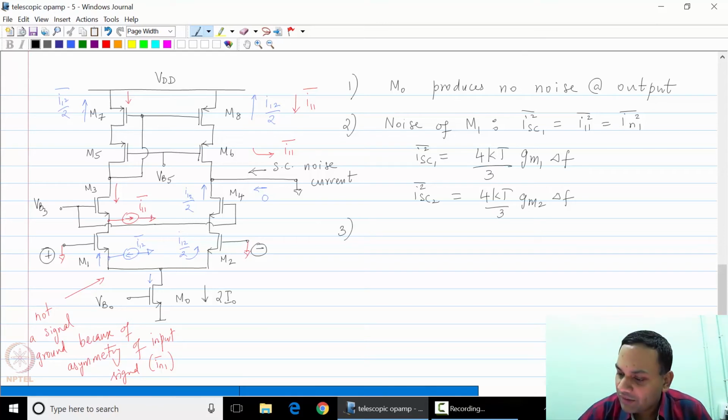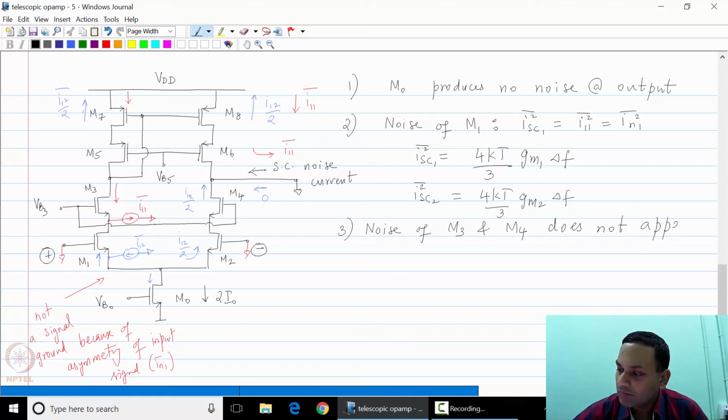You will find that the noise of M3 and M4 does not appear at the output. This is because of the cascode action of M3 and M4. Because M3 and M4 are cascode transistors, their noise does not appear at the output.